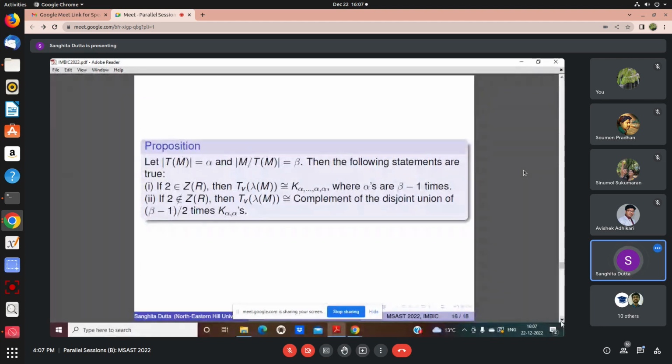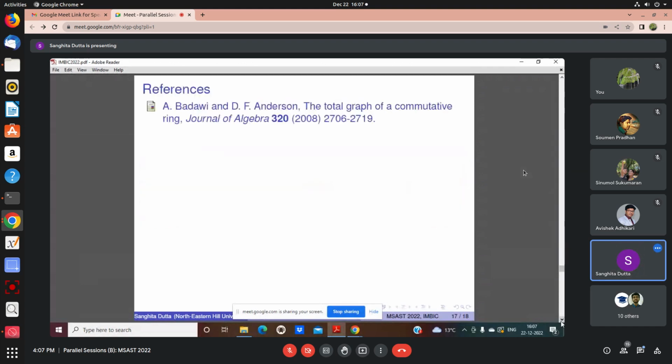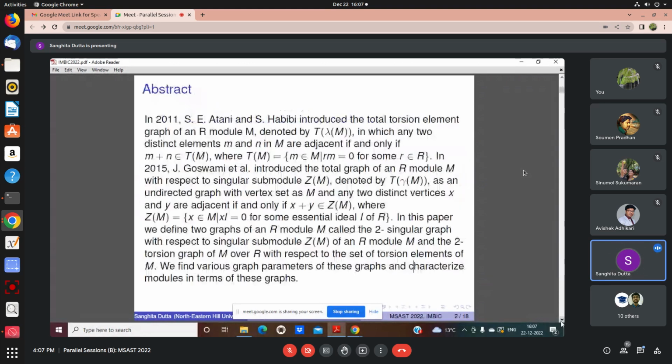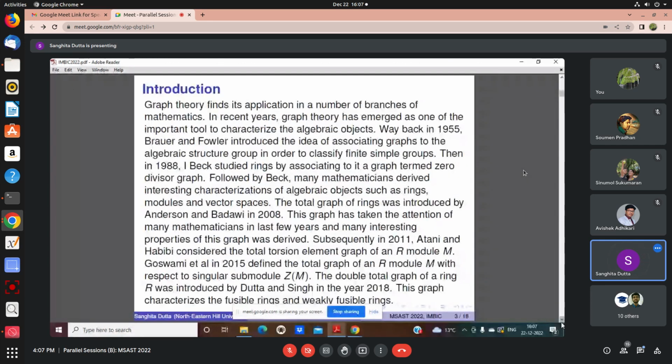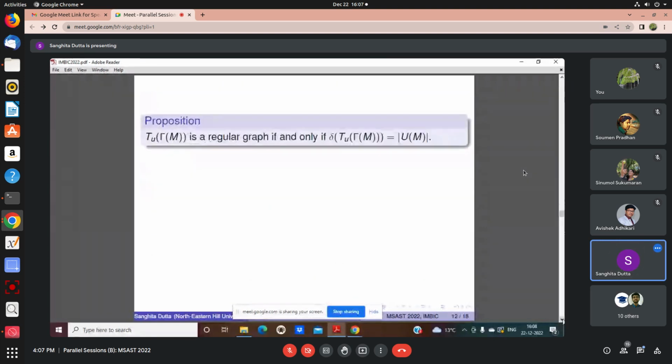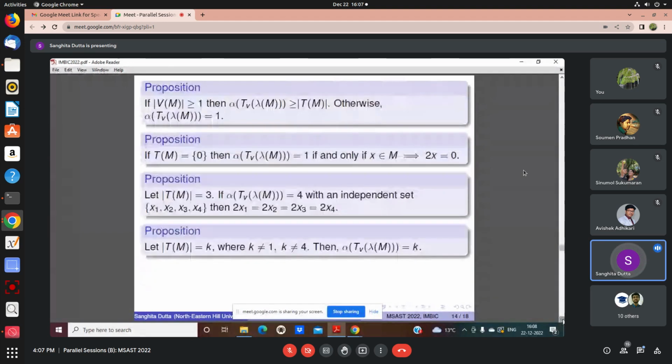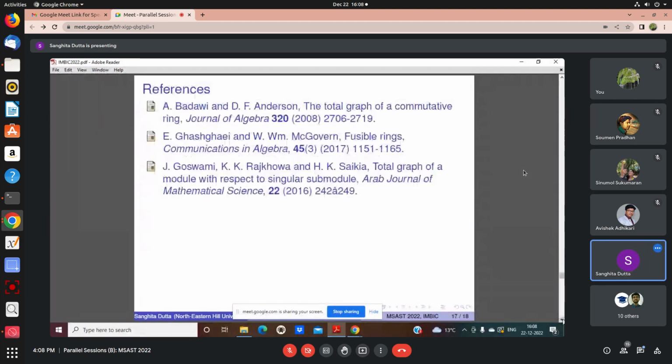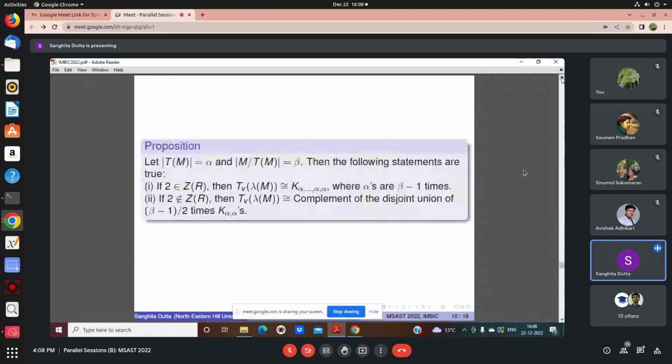Let the coordinate Tm equal alpha and the coordinate m by Tm equal beta, then the following statements are true: if 2 belongs to Zr, then the graph Tb lambda m is isomorphic to the complete graph on beta minus 1 times coordinate alpha.